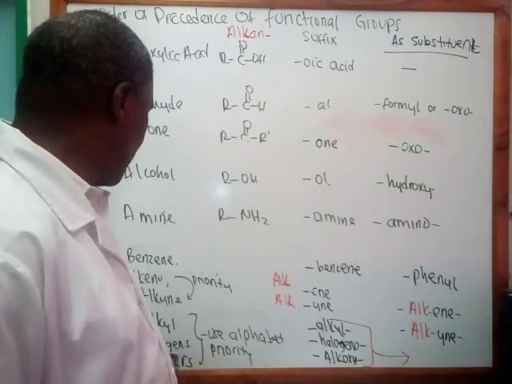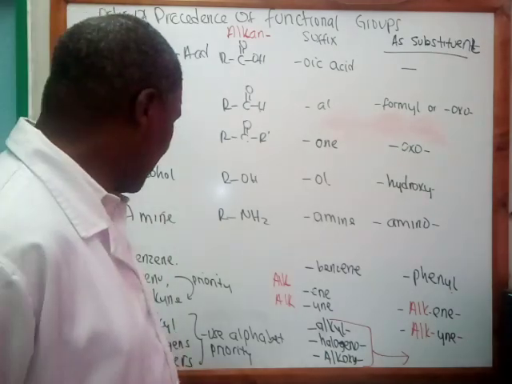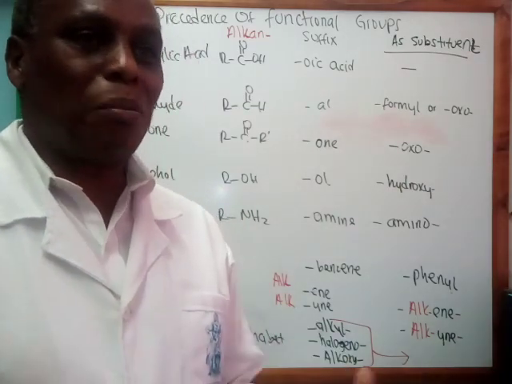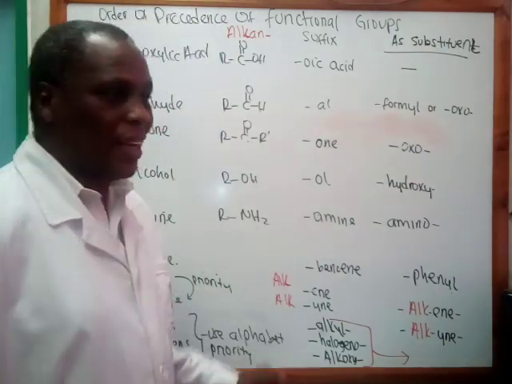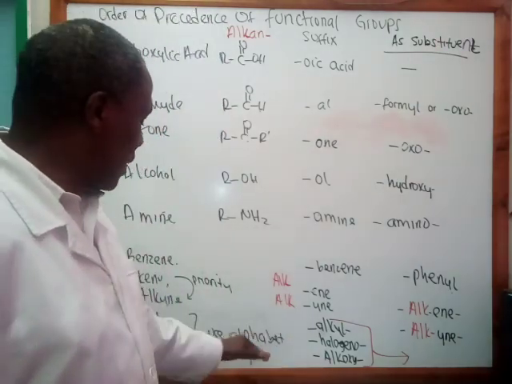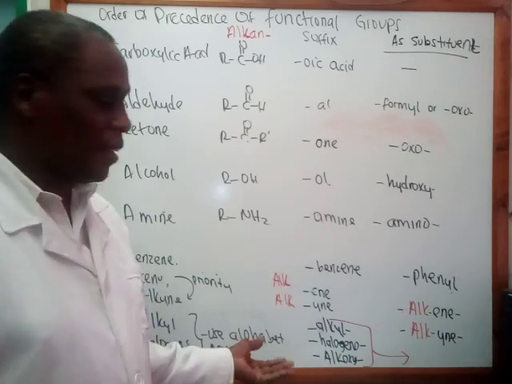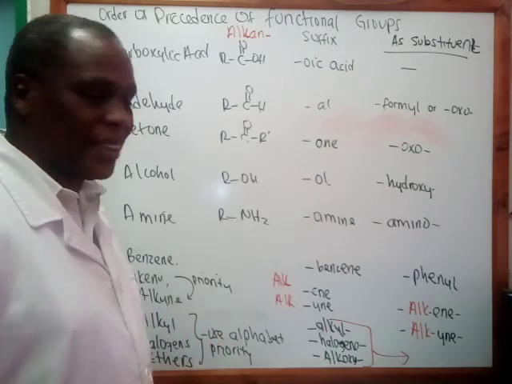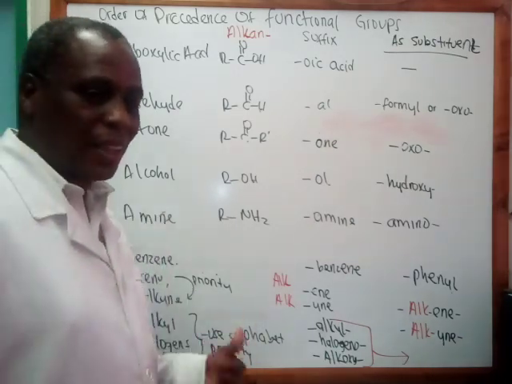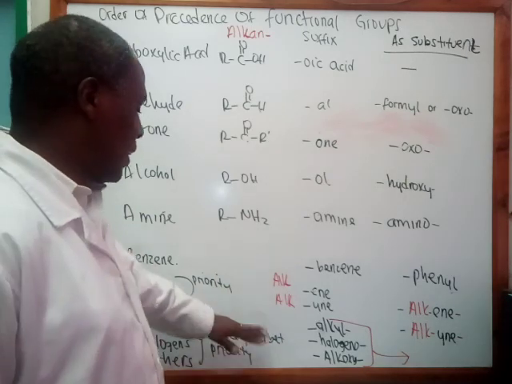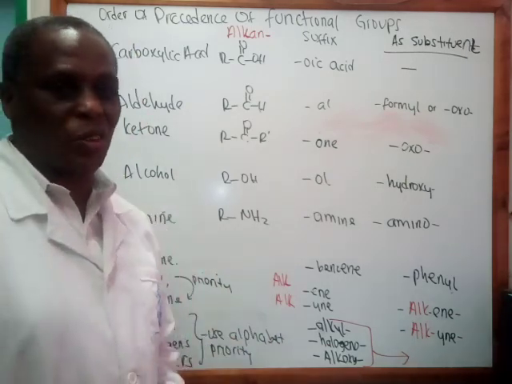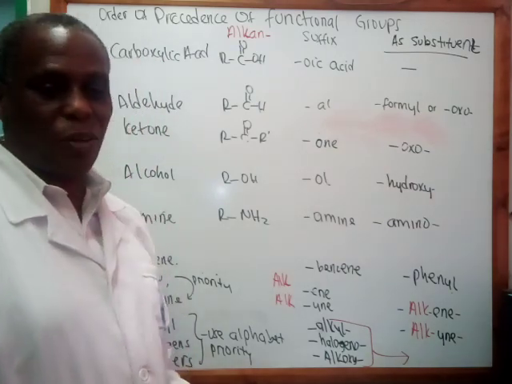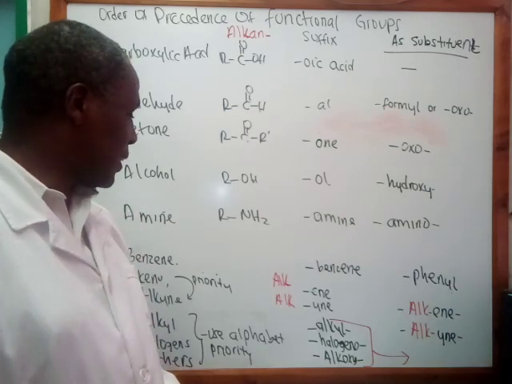It has methyl groups, maybe a bromine, maybe a methoxy group. What we're going to do is number them, starting from the side that gives the alkyl group and ethyl group the lower numbers. You'll be seeing those examples. So alkyl groups, halogens, and ethers do not have priority over the others. You're just going to arrange them alphabetically.